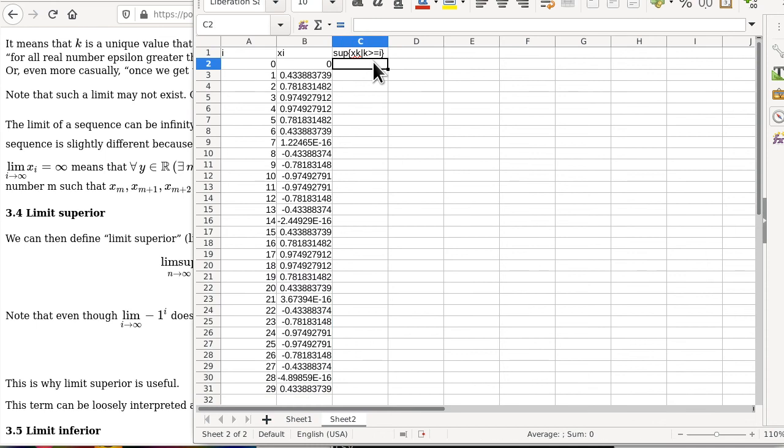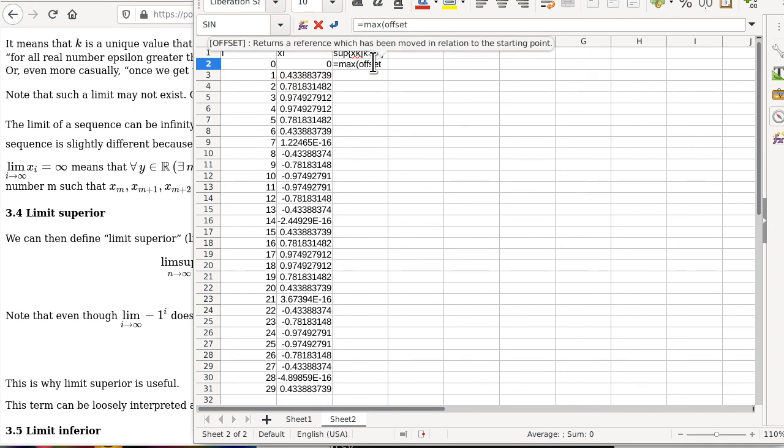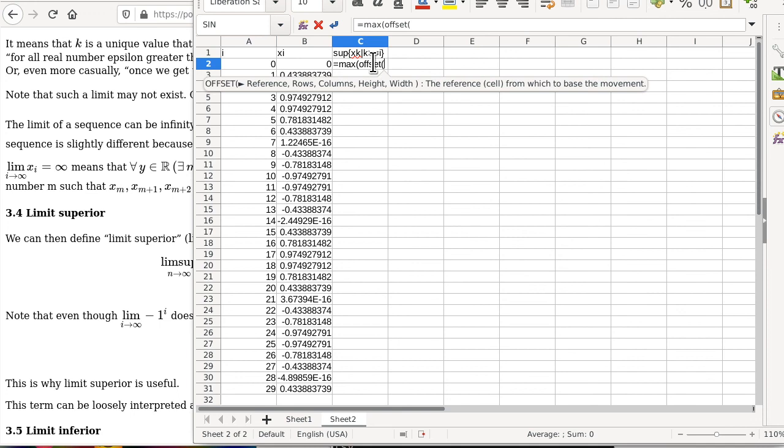To express this one, I'm going to use the actual maximum function in a spreadsheet, but I have to be careful of how to specify the range over which we are calculating the maximum. If I remember correctly, there's a function called offset. So we can look at offset, and the first argument is which cell we are referring to, so we are referring to this cell over here.